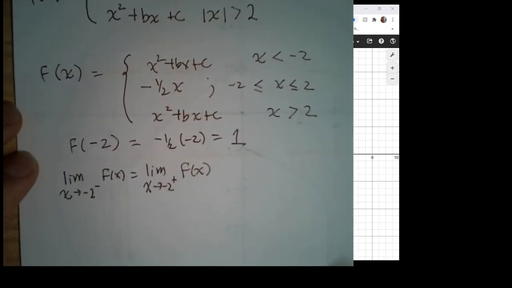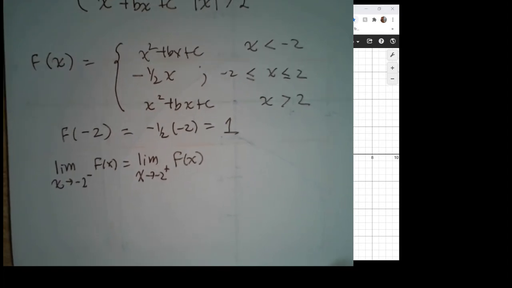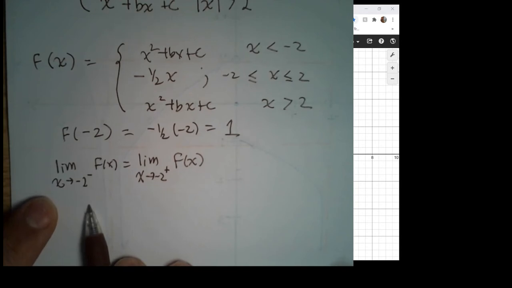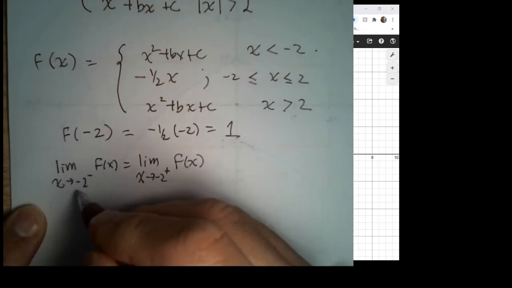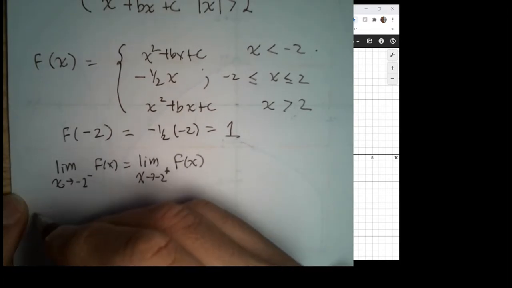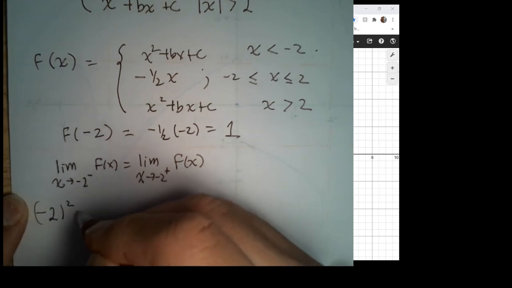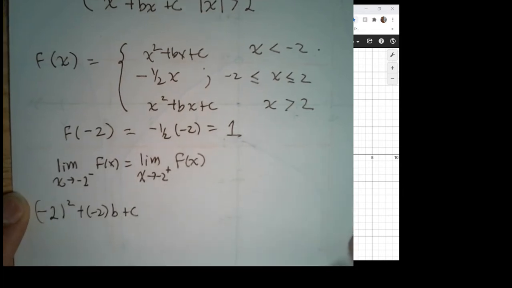Now, in order for this to be continuous, we need this to be true. If we look here on the left side, as x approaches negative 2 from the negative side, this comes into play. So we'll have the limit as x approaches negative 2 from the left side of x squared plus bx plus c.